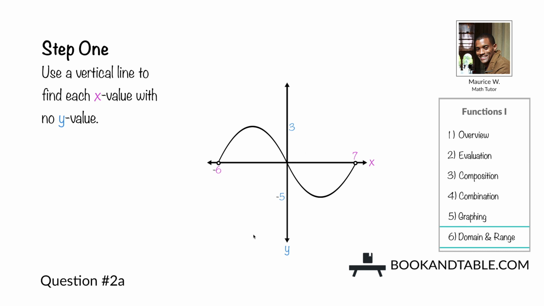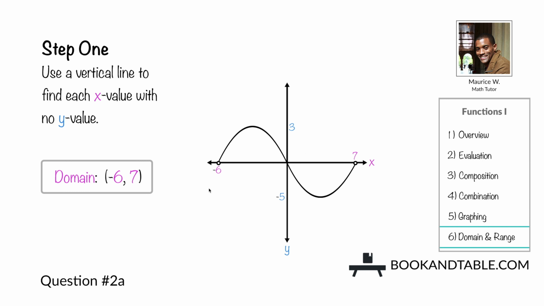Let's now have a look at question number 2. So question 2a, we are finding the domain of this graph. We will start at the left side, and we see where x is equal to -6, there is no y value. We continue with the vertical line, and we see that all x values are accounted for until we reach x is equal to +7.